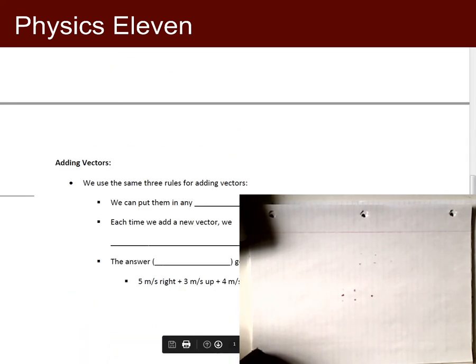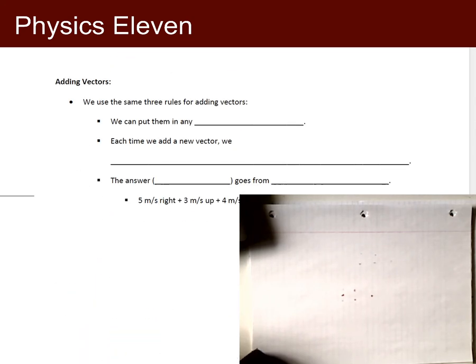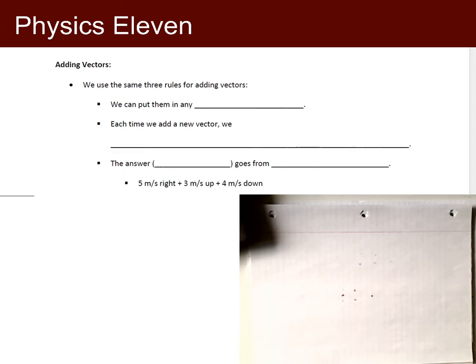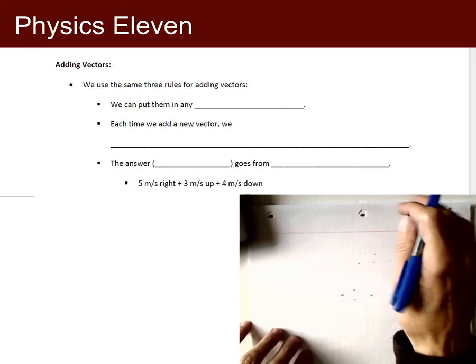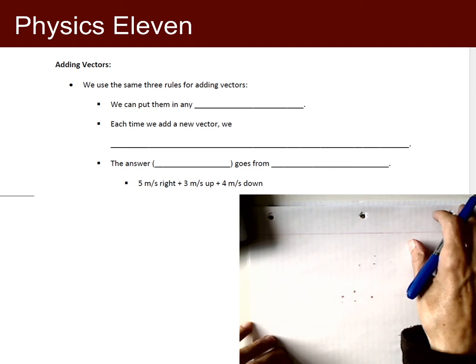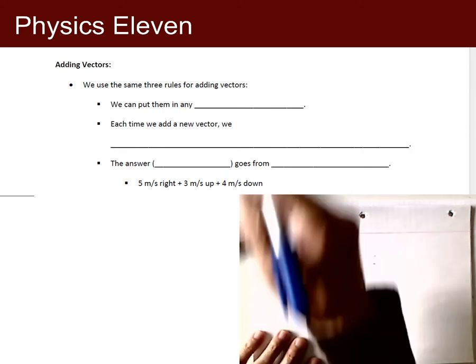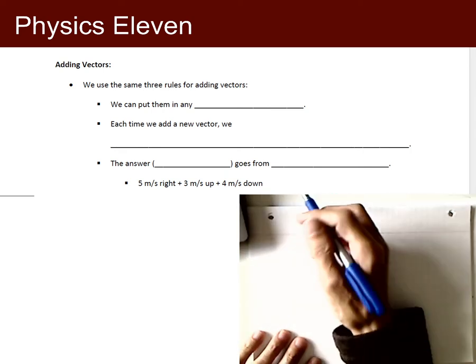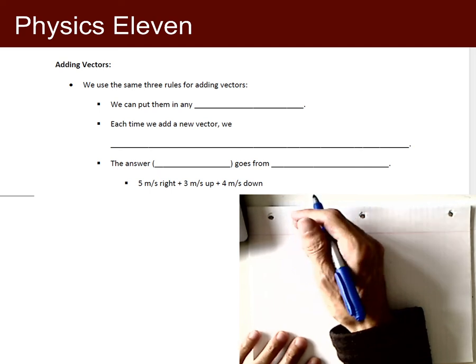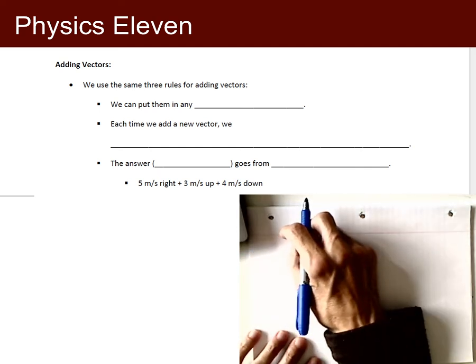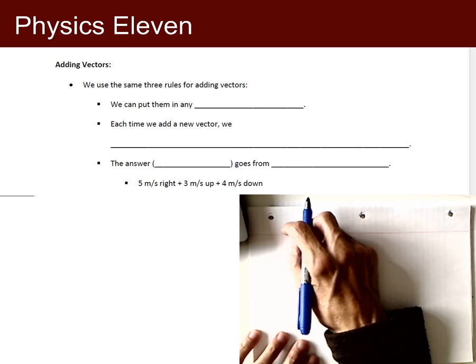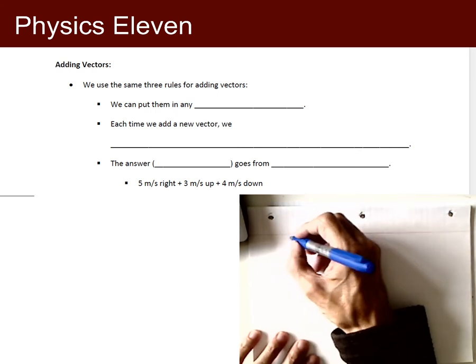So with adding vectors, let's try and find some parallels. Building a metaphor, the connection. What does this say? First of all, we can use the same 3 rules it says for adding vectors. So that's nice. The structure is the same. So just like numbers then, we can put vectors in any order.